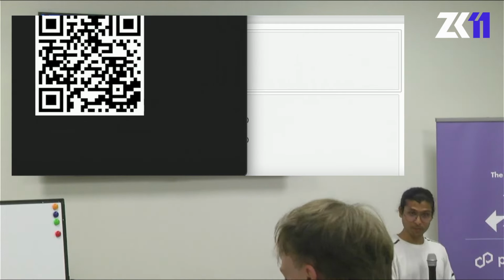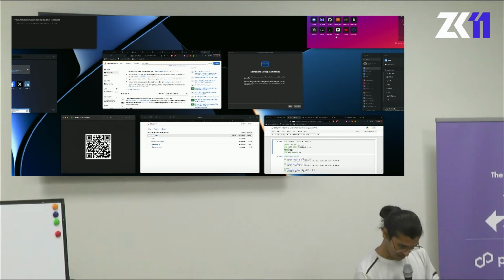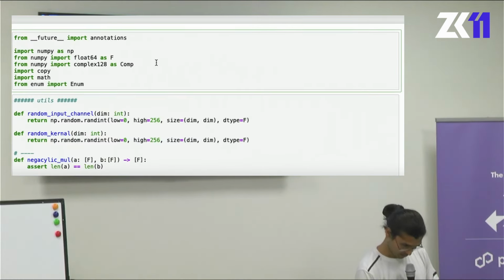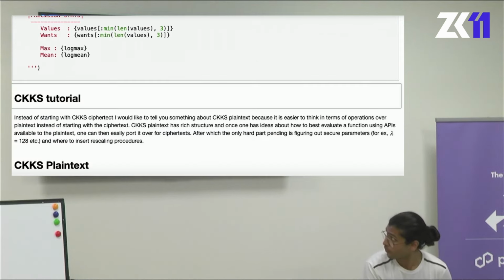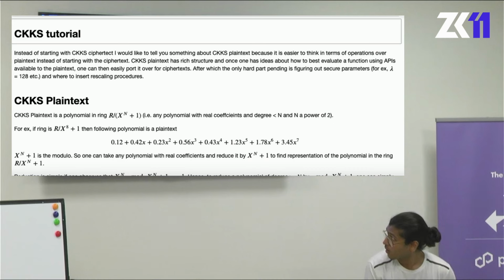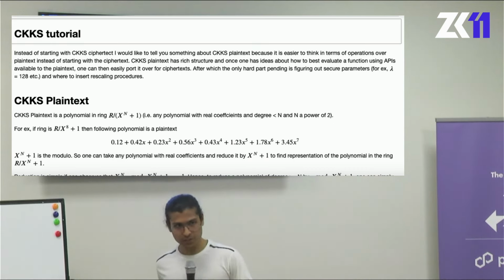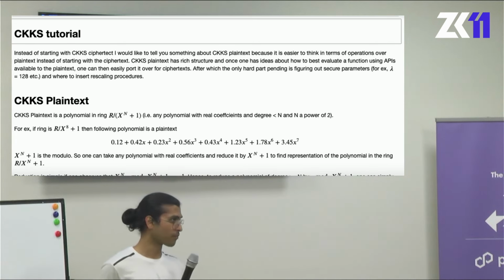So can I just remove this for a while and let's get started with the Jupyter notebook? Looks good? Okay, this is working, cool. Turns out for the applications that we're building today, you only need CKKS, which is one of the FHE schemes, right?